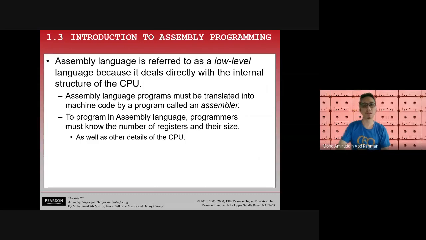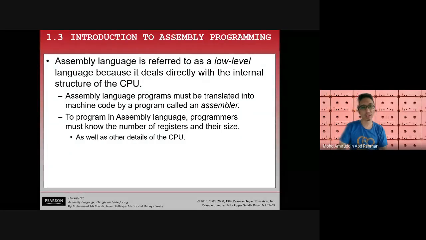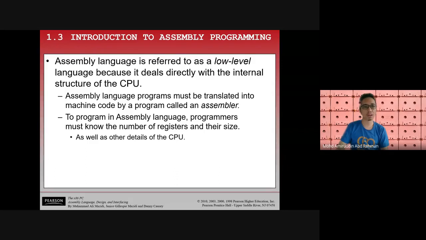So we use the assembly language to program the CPU. But to convert what we program to the binary code, we need a program called an assembler.